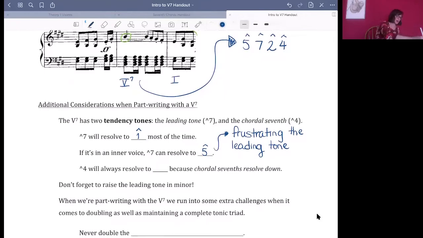Because of that, we have scale degree 7 in our 5/7 that wants to go to scale degree 1. And we have scale degree 4, because it's a chordal 7th, it wants to resolve down by step, and it wants to go to scale degree 3.